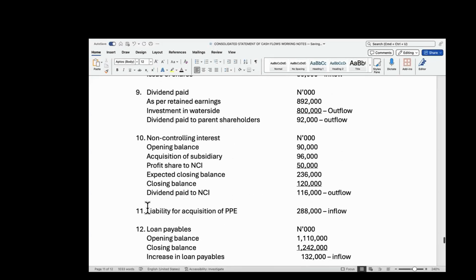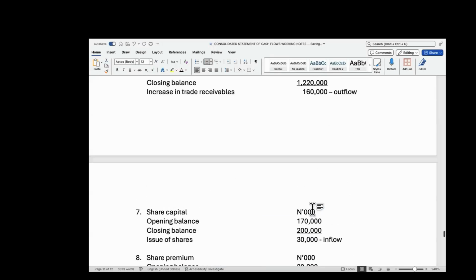I ignored this because it's the money I'm owing from the asset I bought, so it's non-cash.